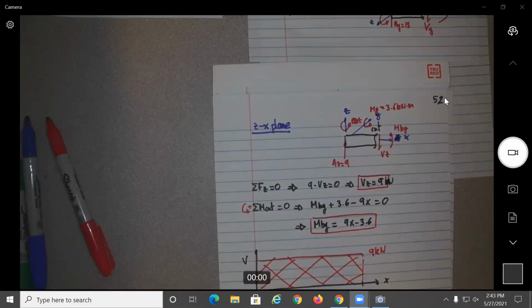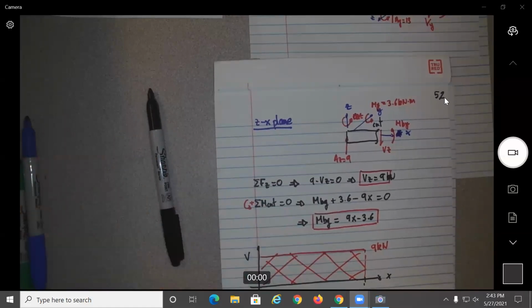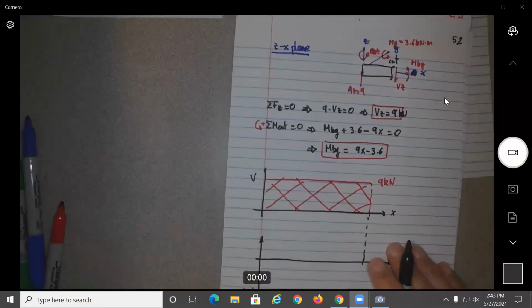And for the bending moment, negative 3.6.